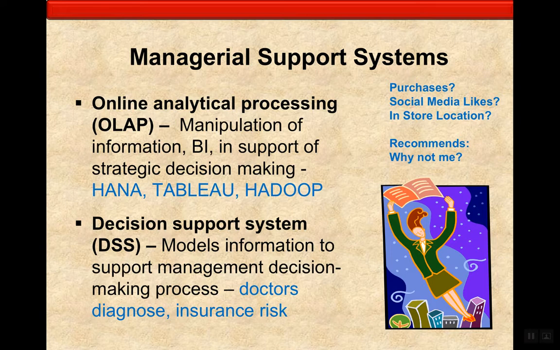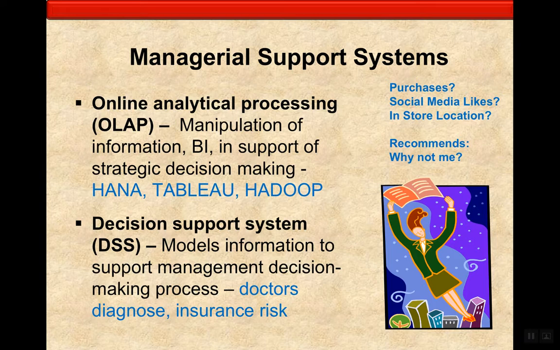This is much more involved with manipulating and analyzing information and data. One of the big differences between an OLTP system and an OLAP system is that the way the data is stored in these systems is very different.